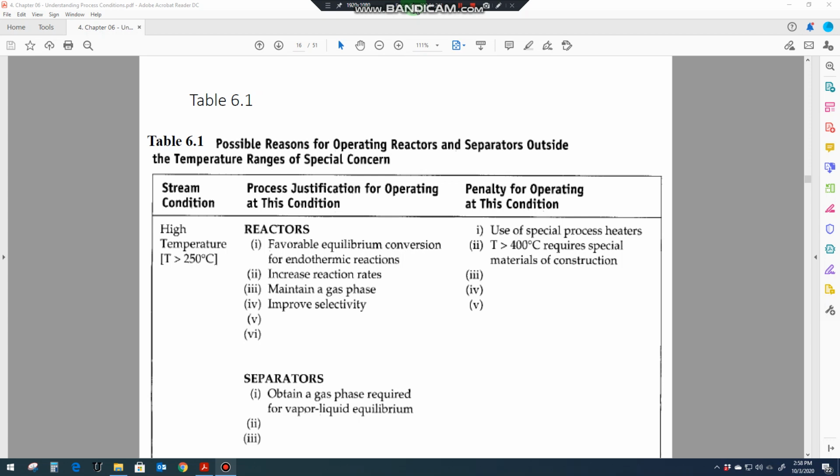In the same way, we talked about the temperature range. If you want to go beyond 260 degrees centigrade, then you have to use some kind of special heaters. And if we are going below 40 degrees centigrade, then we have to use some kind of refrigeration process.